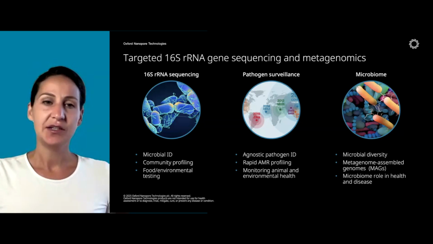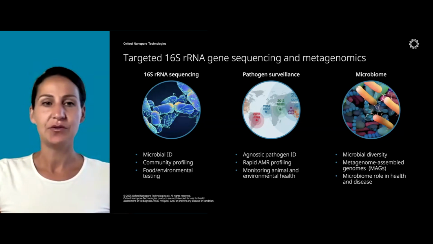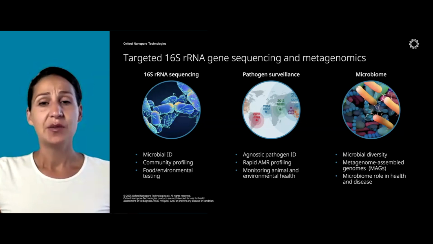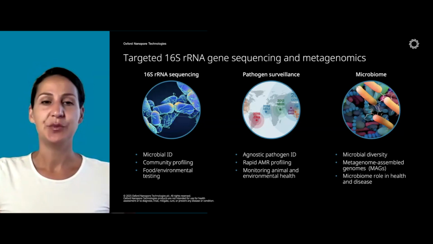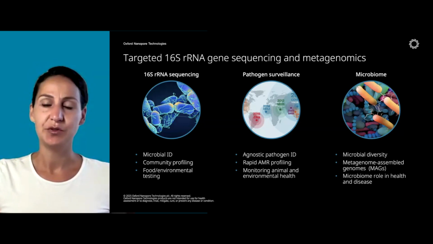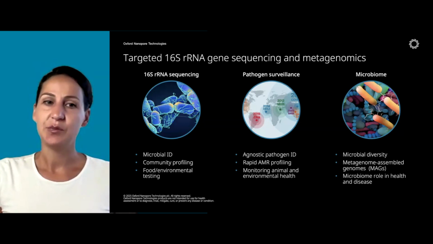This is typically done as a fast and cost-effective way to get a general idea of bacterial species ID in a community, to get an idea of the community profile, and this has applications in both food and environmental testing.